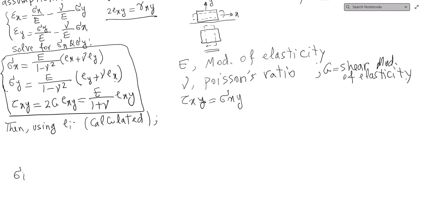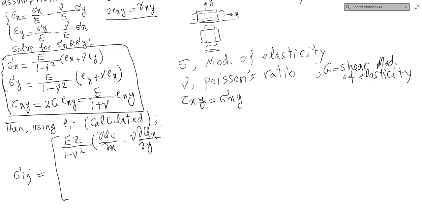And your sigma ij will be, shall we say, Ez divided by 1 minus mu squared, times d phi y dx minus mu d phi x dy. This is sigma xx.